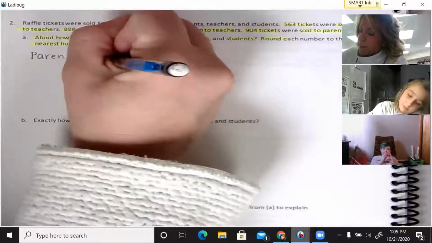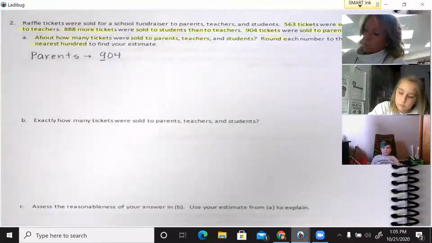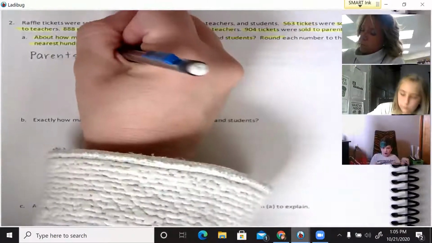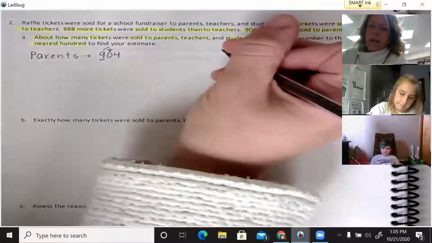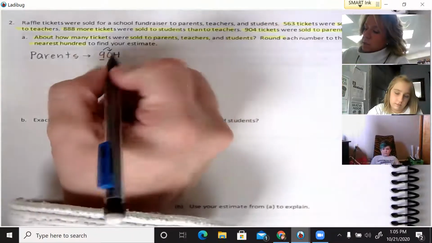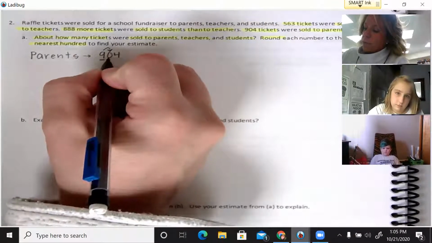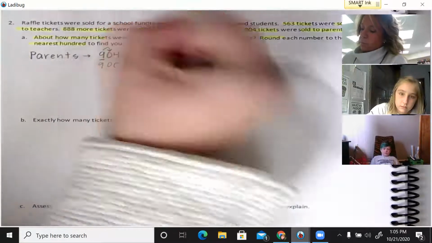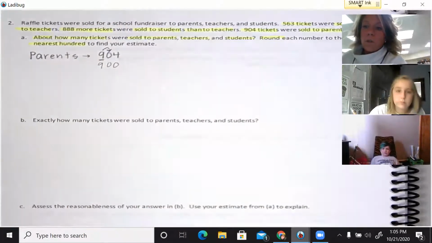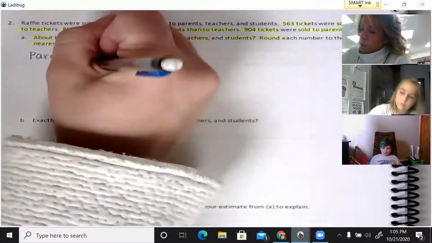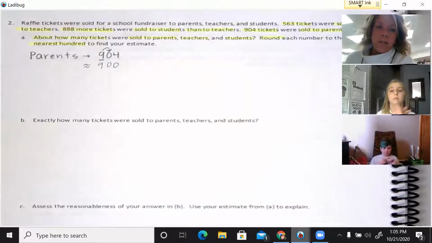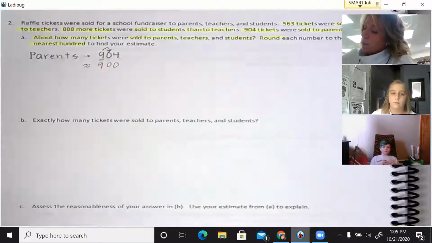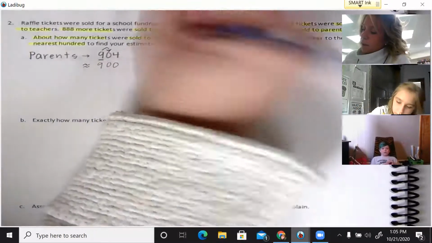Okay, so we're going to find my place, underline the 100, look next door, 4 or less, give it a rest. So since 0 is less than 4, 9 is resting, and the rest turn to zeros. So to the parents, we sold about, I'm going to put my squiggly line, 900 tickets. So I did the parents.